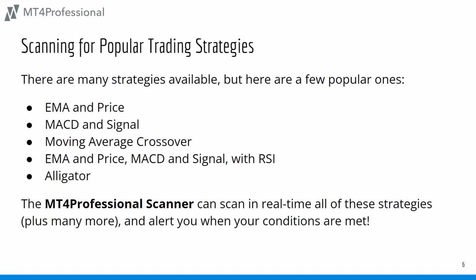Another very popular one, especially if you're a guppies or turtle traders, are moving averages. Moving average crossovers are one of the more used strategies in the industry, where you're using 1, 2, even 3 type strategies, even alligator strategies, where you're looking at trends and longer term movements, specifically with fast and slow crossovers.